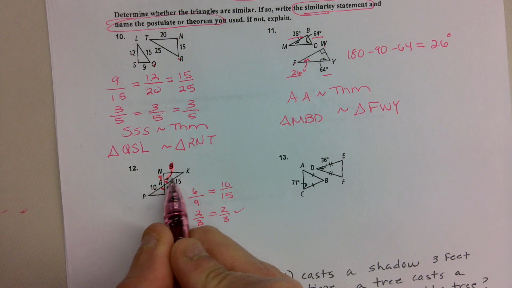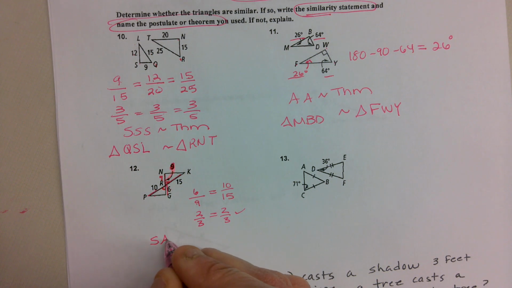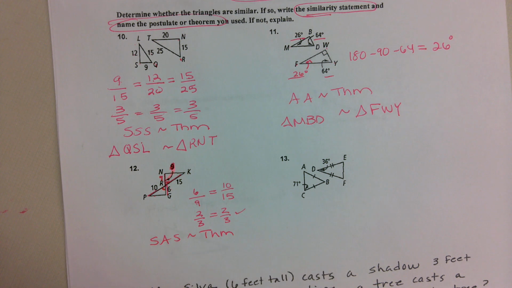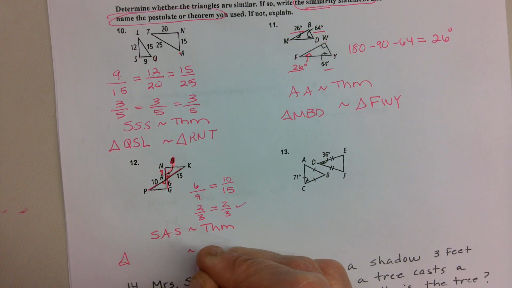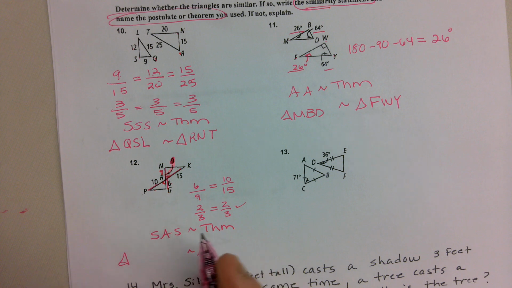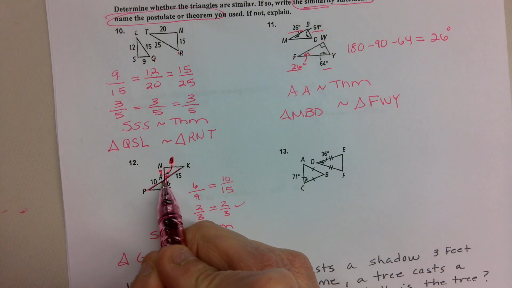It's right between the 2 sides. It's between these 2 and these 2. So we have SAS. Remember, the angle has to be between them. Similarity theorem. And I now have to write my statement. So I'm going to start with the small side again, then go to the middle. GRP, NRK.